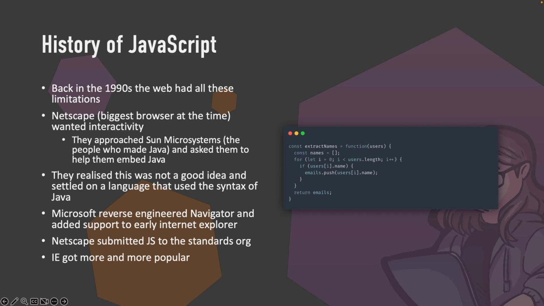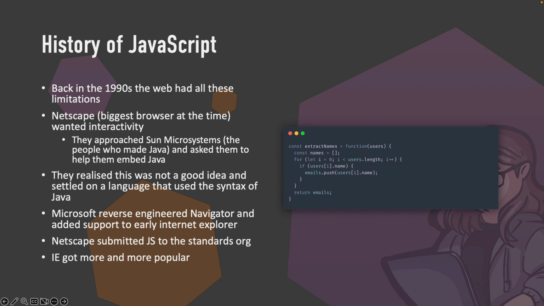At the time, Netscape, which was the biggest browser, wanted to have interactivity. So they approached Sun Microsystems, who make Java, and asked them to help embed Java into a website. They realized very quickly that Java was a terrible idea, and that's why we call it JavaScript, because it was made by the people who made Java.